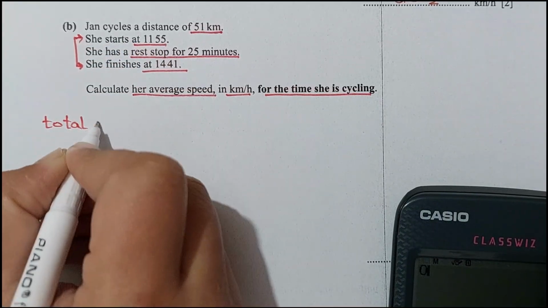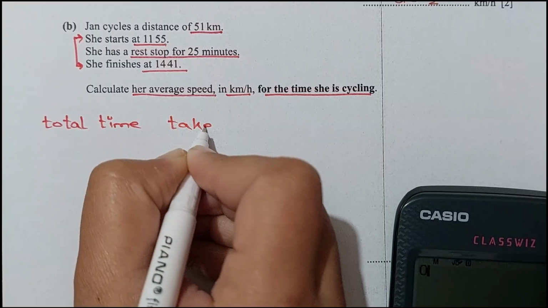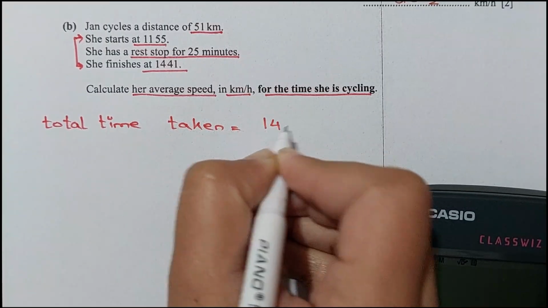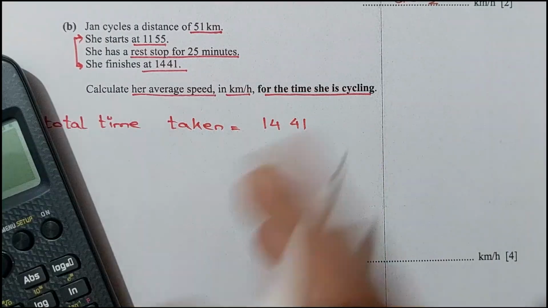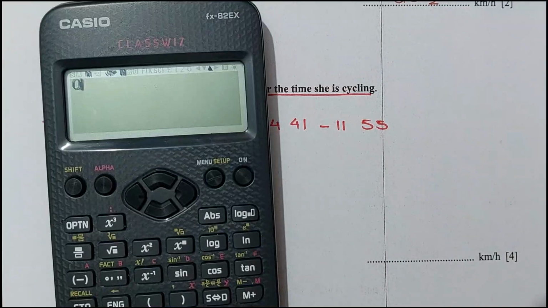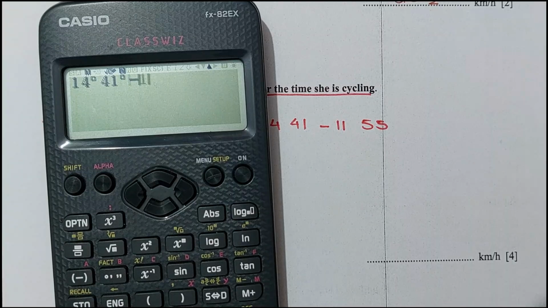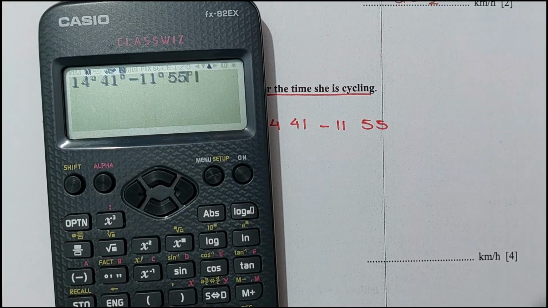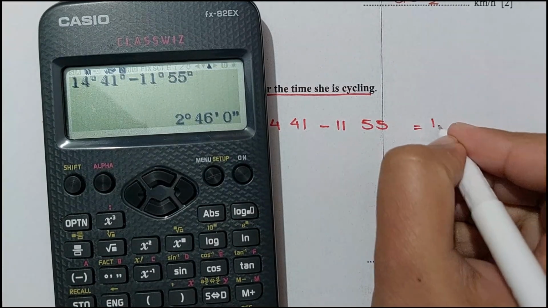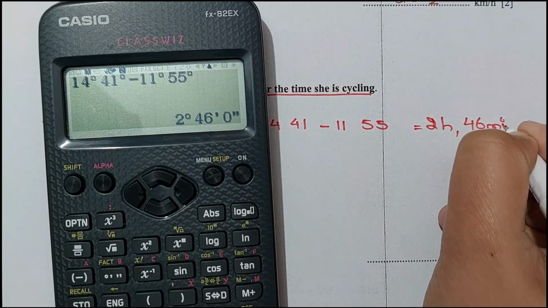Total time taken is 14:41 minus 11:55. This is the total time, 2 hours and 46 minutes.